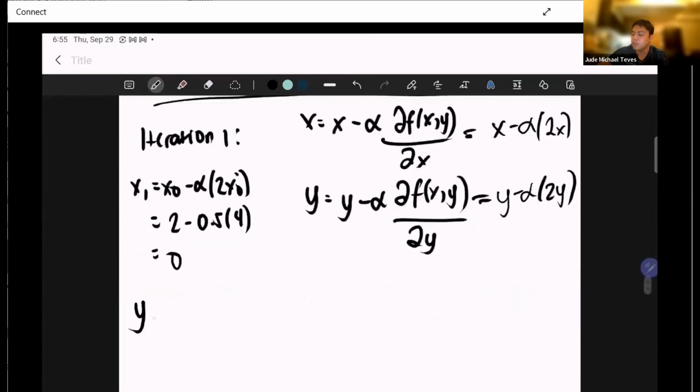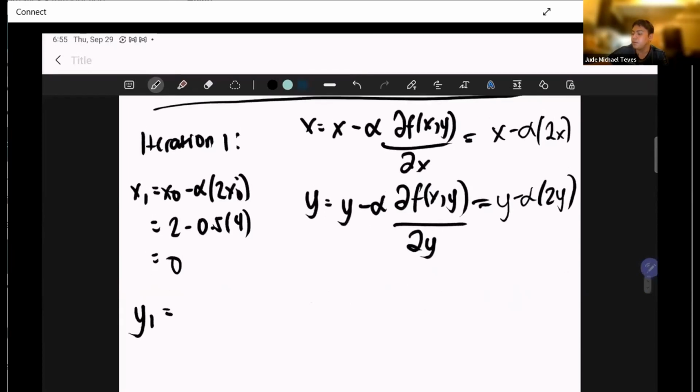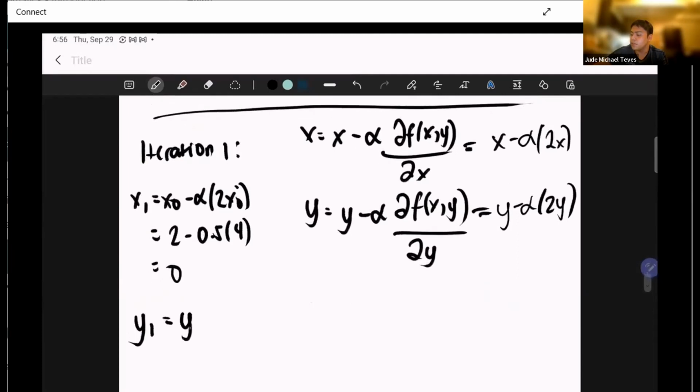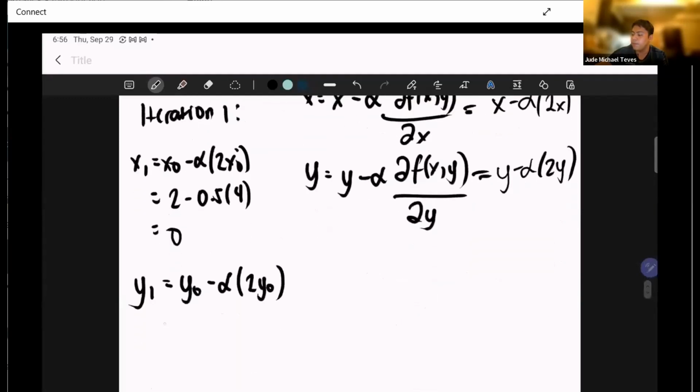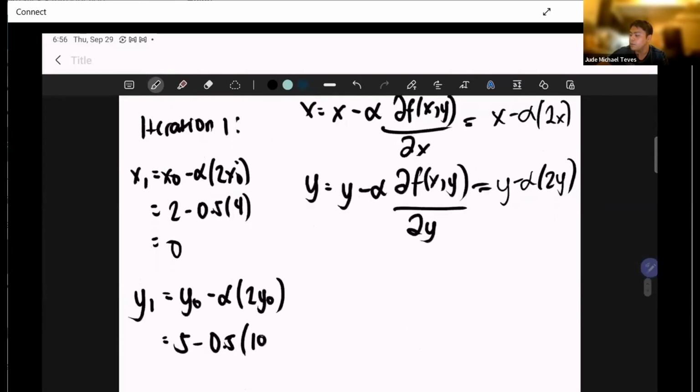How about the next value of y? Y sub 0 minus the learning rate times 2 times the initial value of y, which is 5. So 5 minus 0.5 times what? 2 times 5, 10. The value is 0.